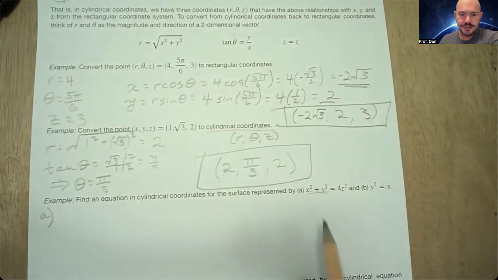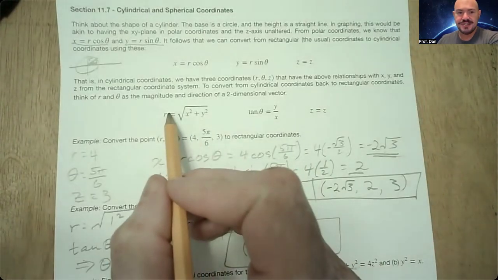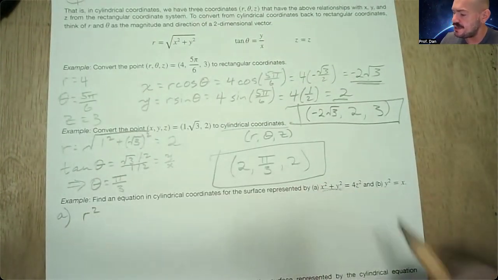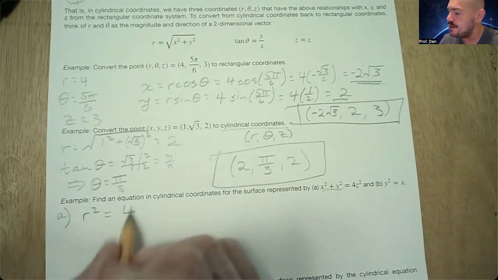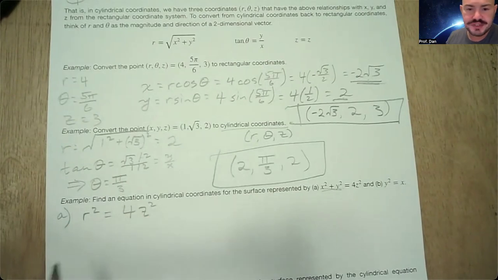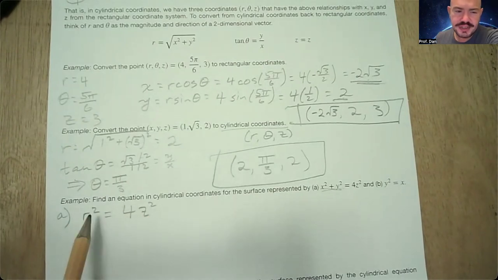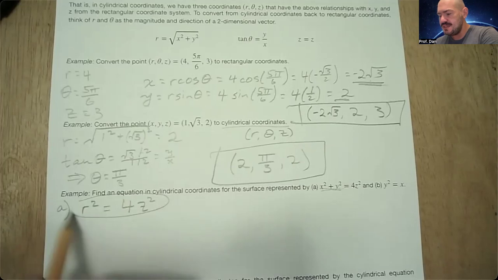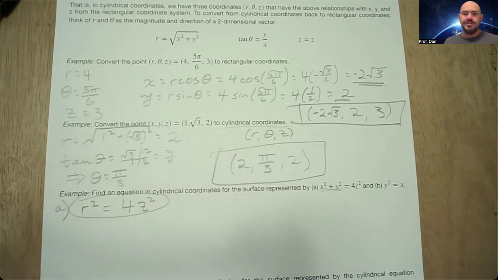So I know that x squared plus y squared altogether is the same as r squared. So I'm going to replace x squared plus y squared with r squared. And since z stays the same, we don't replace z with anything. Now we have an equation that's only in terms of r, theta, and z. Doesn't depend on theta, but that's beside the point. We don't have any x's and y's. We only have r's, thetas, and z's.